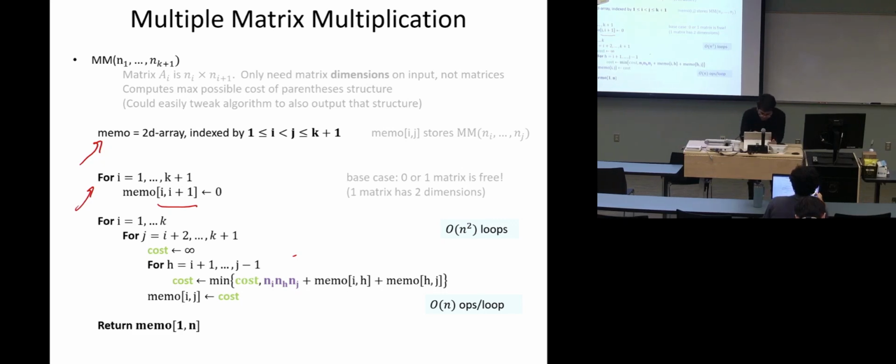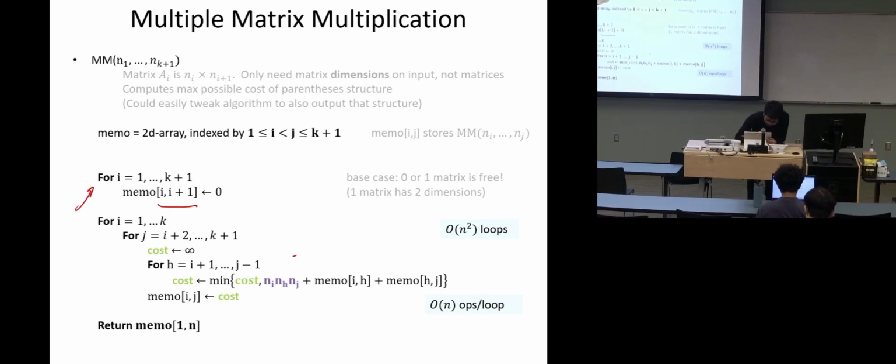okay, first of all, the meaning of this table is that entry ij should store the best solution when I want to multiply matrices such that the first index is ni and the last dimension parameter is nj. Okay. So maybe I should start from the beginning.